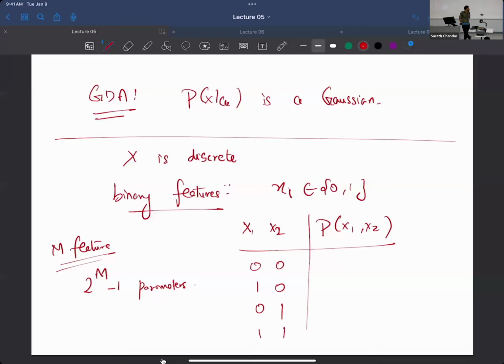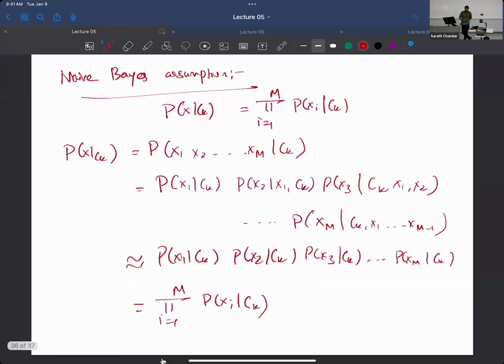So for example, even if you have just 100 features, which is not a lot of features, right? Then you already have 2 power 100 parameters to learn, and you don't have that much data to learn, right? So this is exactly when the naive-Bayes assumption is extremely useful. When you have discrete features, you will rarely see people modeling the joint distribution table.